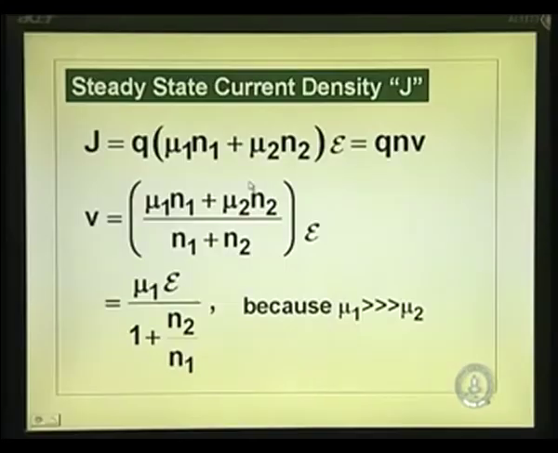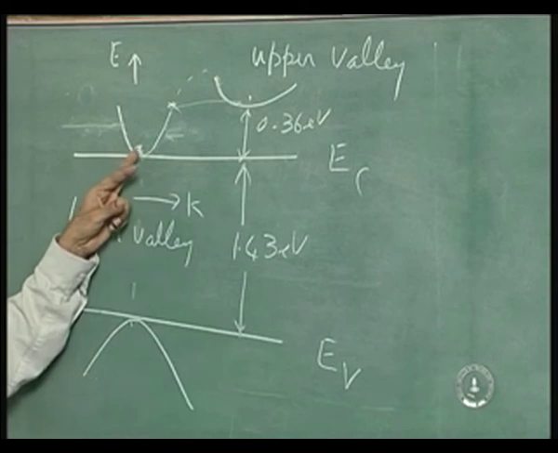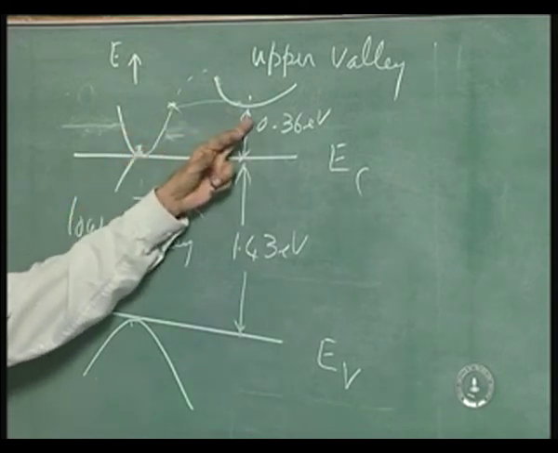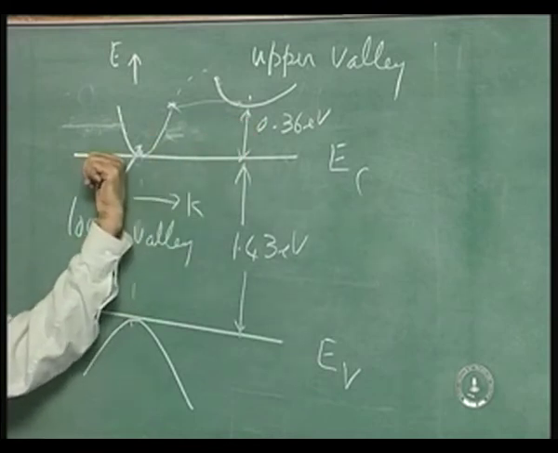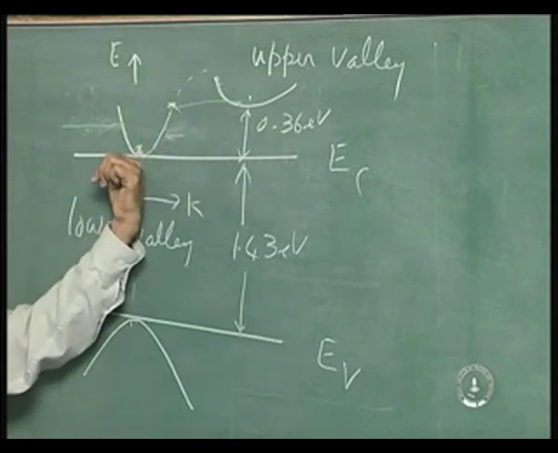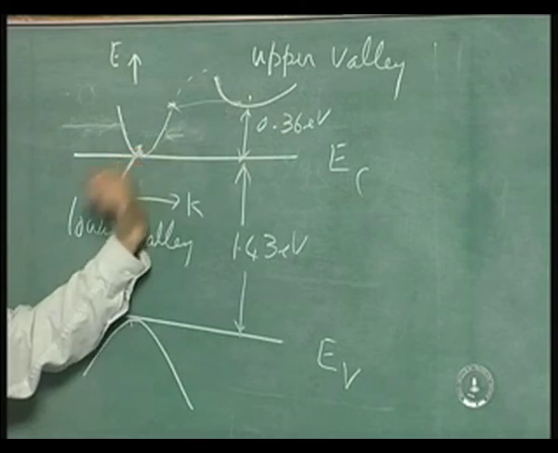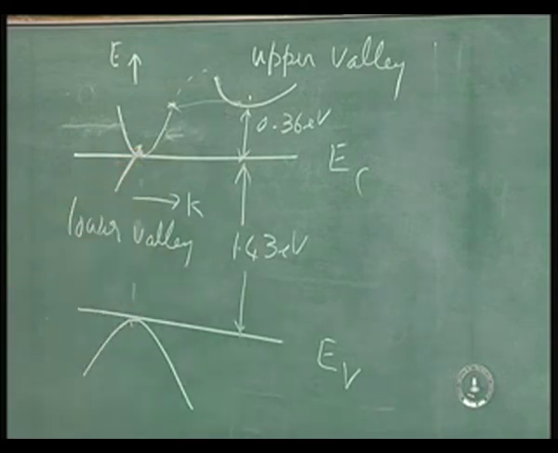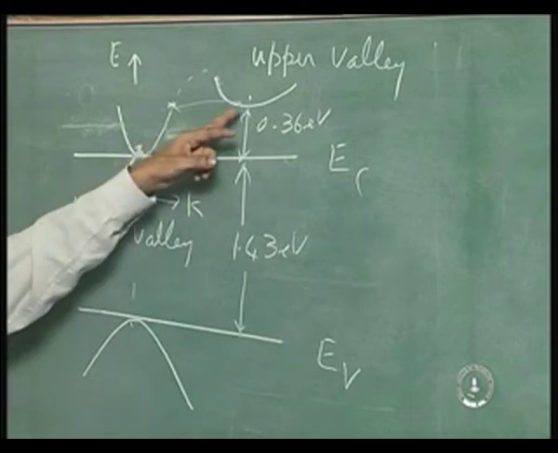One, mu2 is small compared to mu1, so you are neglecting mu2 n2 compared to mu1 n1. Second, n2 will be smaller than n1, at least up to a certain field, because all the electrons do not get transferred immediately.